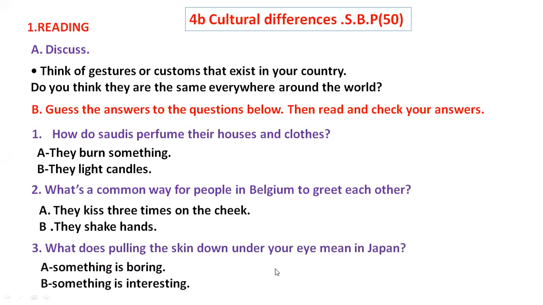Number three, what does pulling the skin down under your eye mean in Japan? It means that when you pull the skin under your eye, what does it mean in Japan? It means that something is boring, or something is interesting.